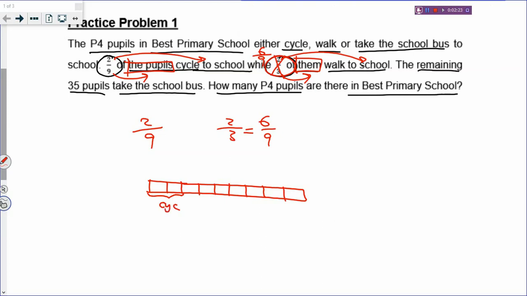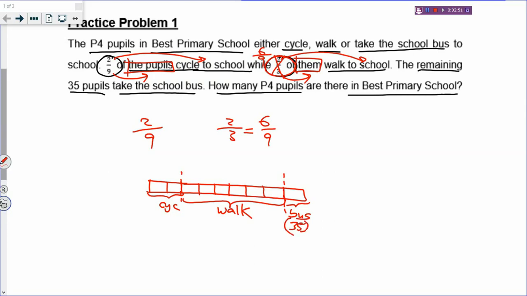And 6/9 of them walk to school, so you label another 6 boxes, and these are the 6 boxes who walk to school. And the remaining, which is the last box, they take the school bus. So I'm just going to put down bus, and the number of pupils who take the bus, which is 35.